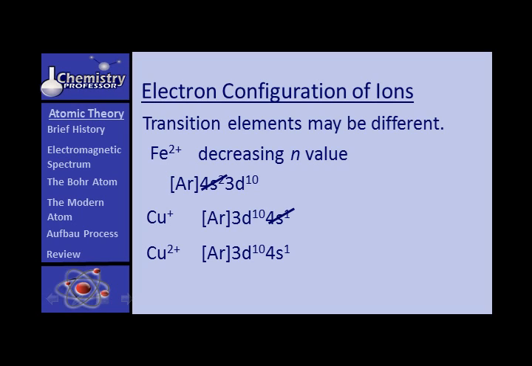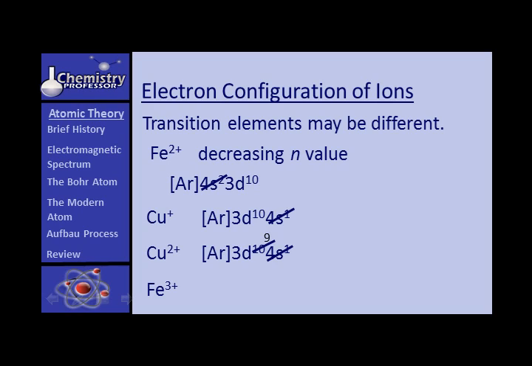Now we're still dealing with this electron configuration for the copper metal, but now we've got to remove 2 electrons. This one is not a problem, but where shall the other one come from? And the answer is, it appears to come from the 3d, leaving us not with 10, but with 9 in the 3d.